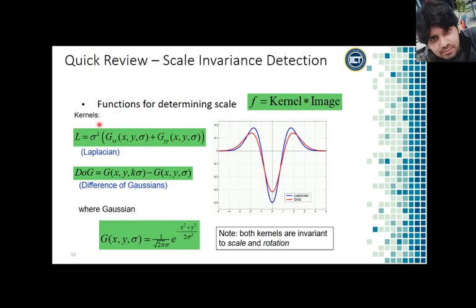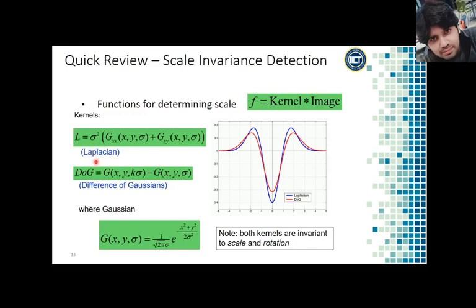So for kernels, we have already discussed the Laplacian kernel, and Laplacian kernel is susceptible to the scale size, which is the sigma. So one way is to apply the Laplacian kernel, and another way is to apply the difference of Gaussians.